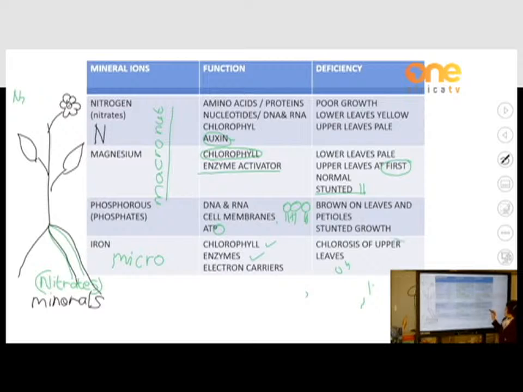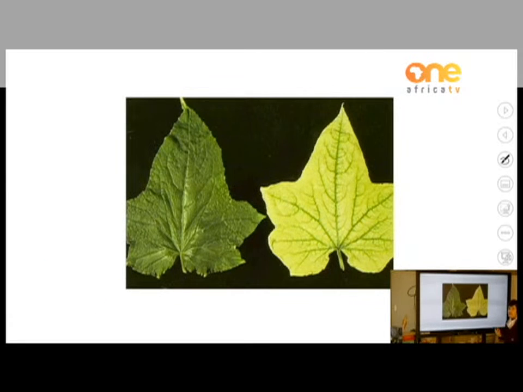And again we have the upper leaves that have chlorosis. Now that word chlorosis means only that the plant loses its green color due to the lack of chlorophyll. So chlorosis we will have in the nitrogen, in the magnesium, and in the iron.